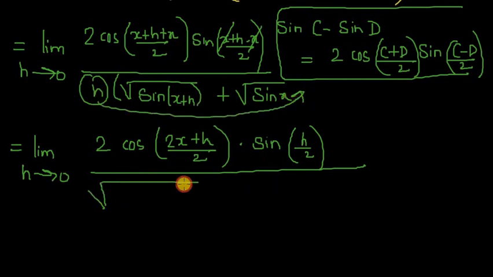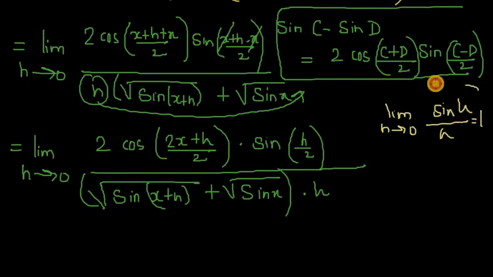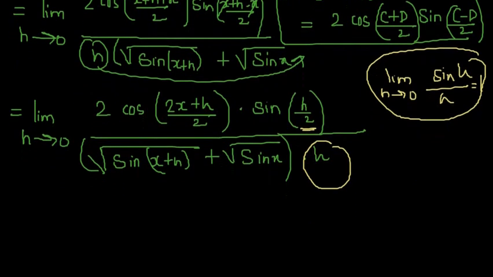So first you'll write root sin x plus h plus root sin x, multiplying it by h. Now the reason for shifting h is that limit h tending to 0 sin h upon h is equal to 1. So we are trying to use this limit. Okay. Over here I have got h by 2. So I need to make an arrangement for h by 2 over here. That will do in the next step.